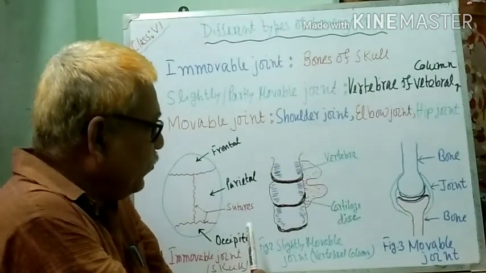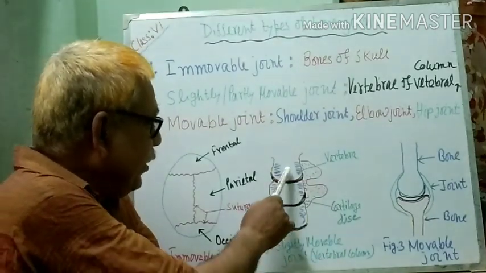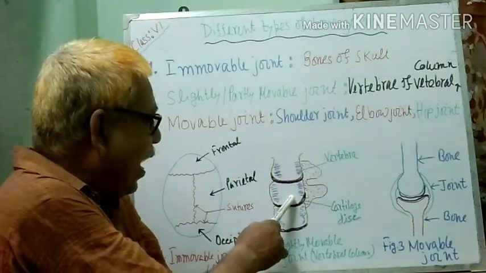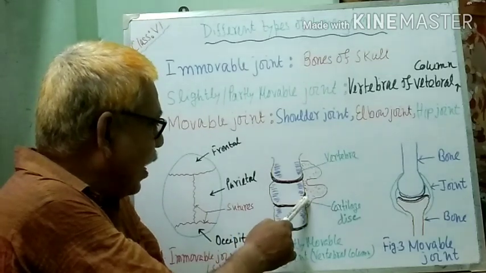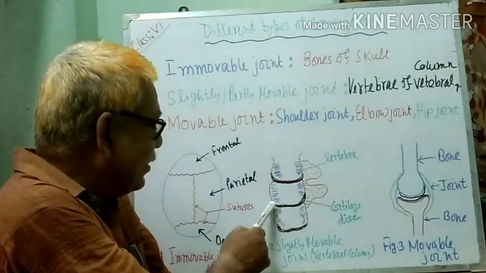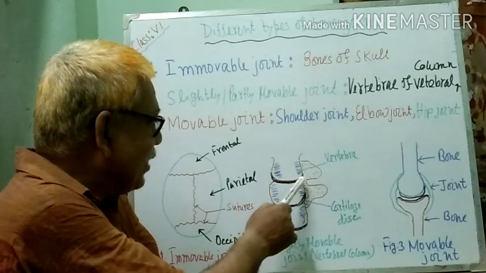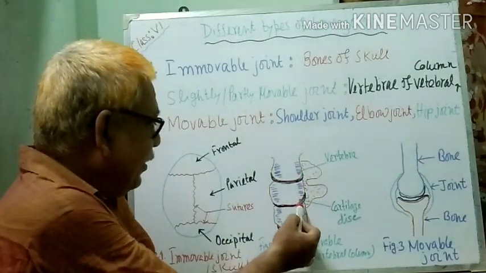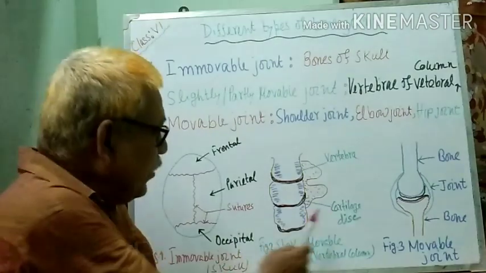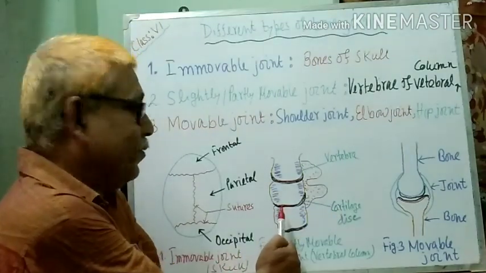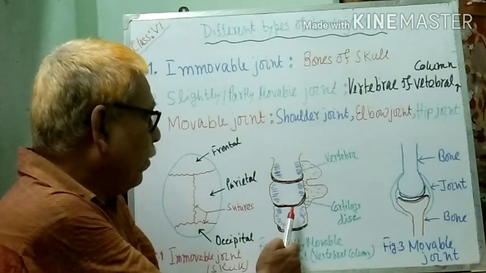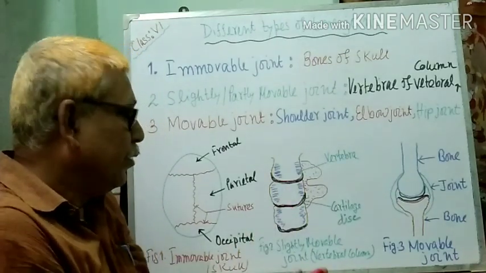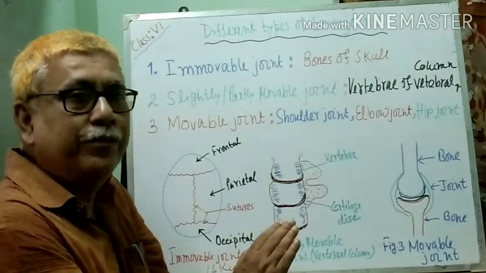So here, see, these vertebrae are connected with a cartilaginous disc. These cartilaginous discs allow the vertebrae slight movement.